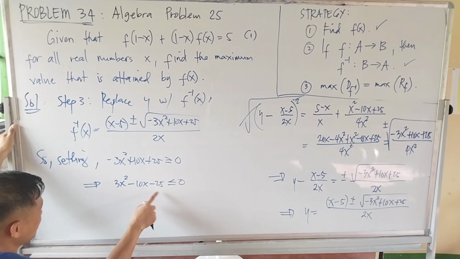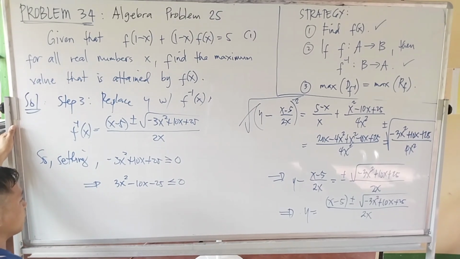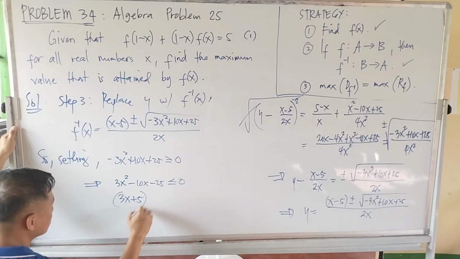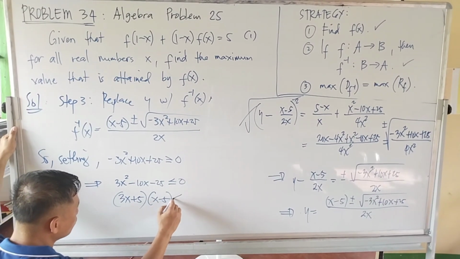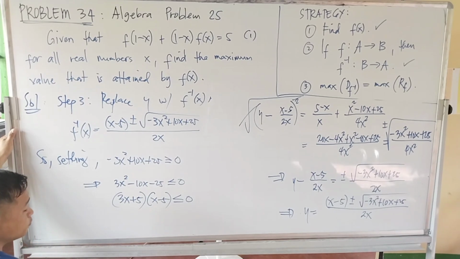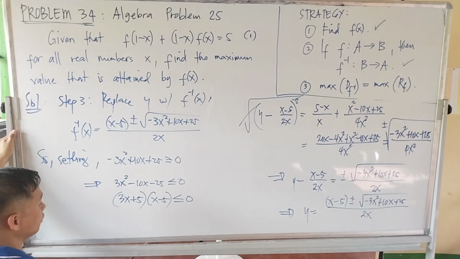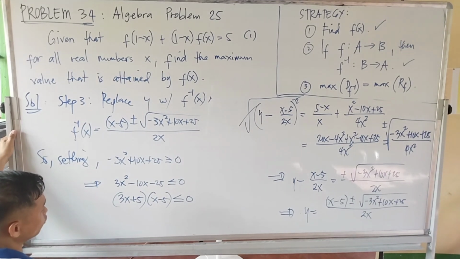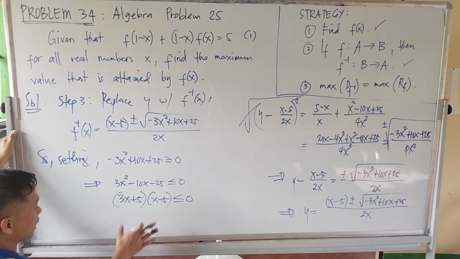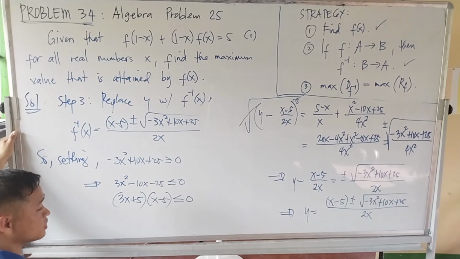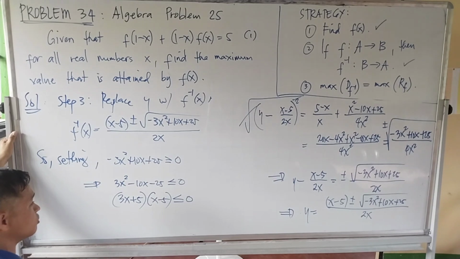Now this expression on the left-hand side of the inequality can be factored as (3x plus 5) times (x minus 5) less than or equal to 0. We have a theorem that we can use to find the solution set of this inequality, or you can use the table of signs, finding the critical values and creating the disjoint intervals, to get the solution set.